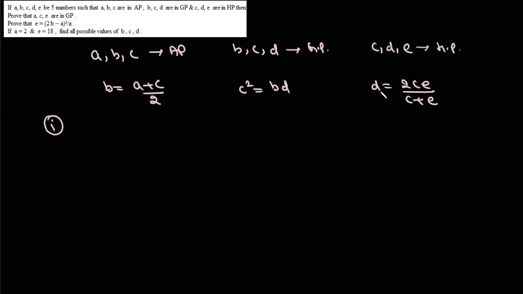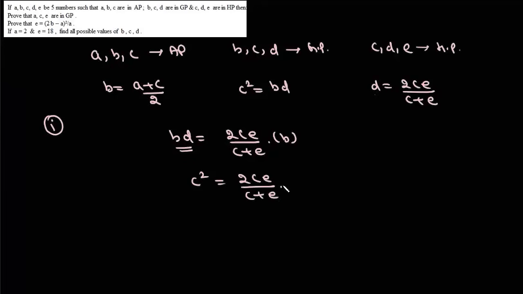So for this, what we'll do is we'll take this third one and multiply it with b. So we'll get bd equals twice ce upon c plus e into b. Now b into d is c square. So it will be c square equals 2ce upon c plus e, and this b is a plus c by 2.